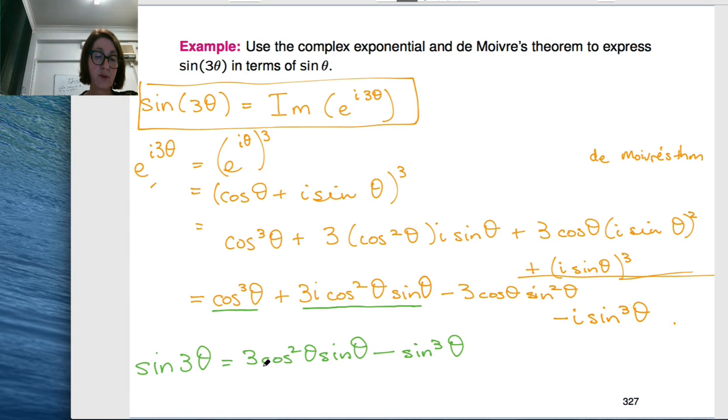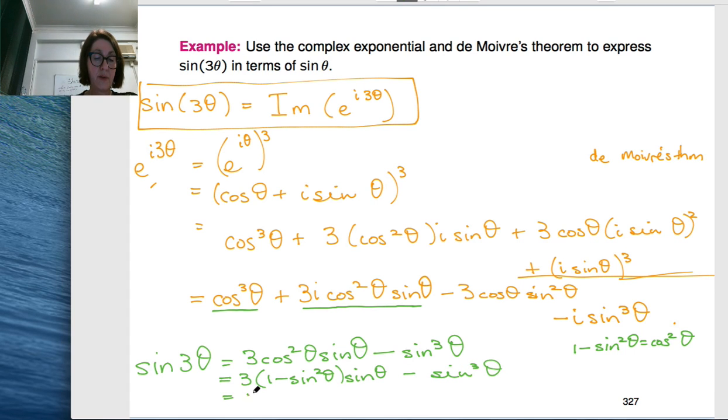I'm almost there, but I've got a cos squared term and I don't want that. So I'm going to use the Pythagorean identity. So cos squared theta equals 1 minus sine squared theta. And I'm going to substitute this expression for cos squared theta. So this is 3 times 1 minus sine squared theta, times sine theta, minus sine cubed theta.